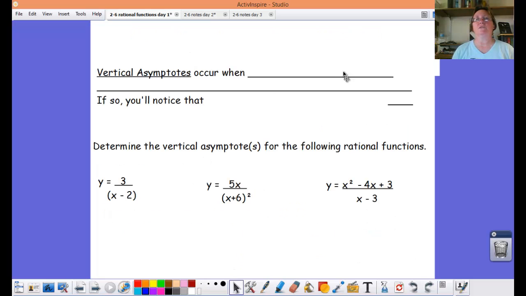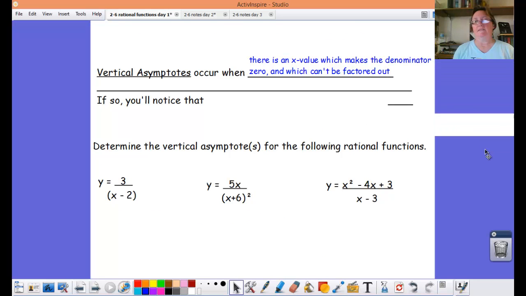Vertical asymptotes, folks, they happen when, and I've got a sentence here, when there's an x value that makes the denominator 0 and that cannot be factored out. That last criteria is sort of important. An x value that makes the denominator 0 and that cannot be factored out.